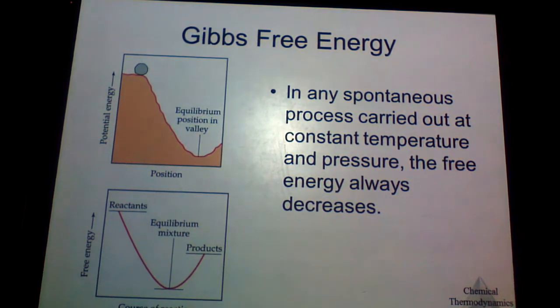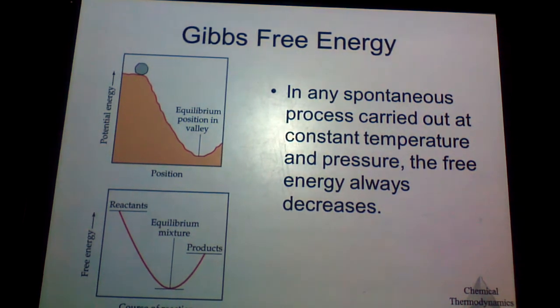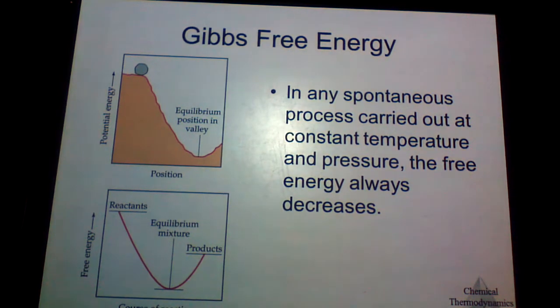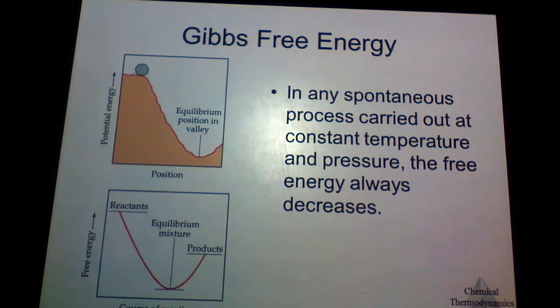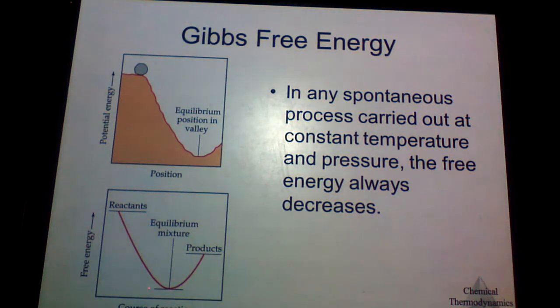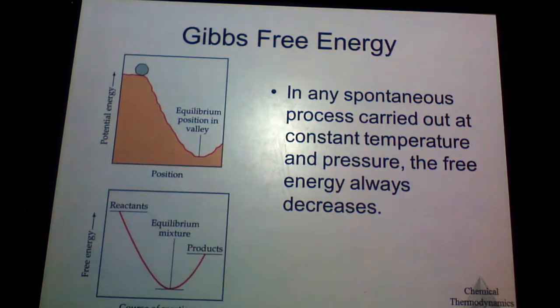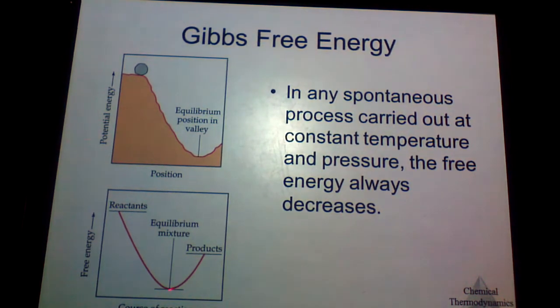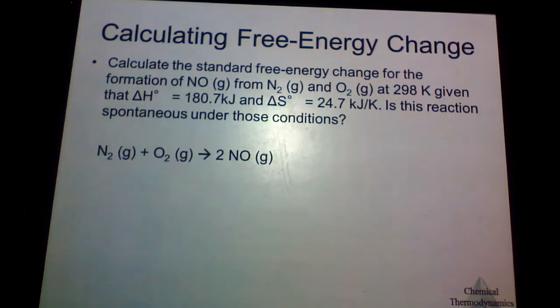The same thing happens in a reaction. The reactants have a certain amount of free energy, and eventually we're going to use all of that energy up. Once the free energy in that chemical system decreases, it's going to reach a particular minimum where equilibrium happens, a nice balance between the reactants and the products.